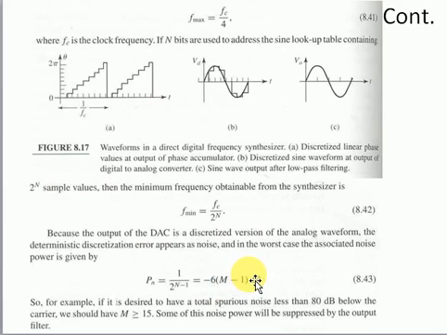So for example, if it is desired to have a total spurious noise less than 80 dB below the carrier, we should have m greater than or equal to 15. Some of this noise power will be suppressed by the output filter.